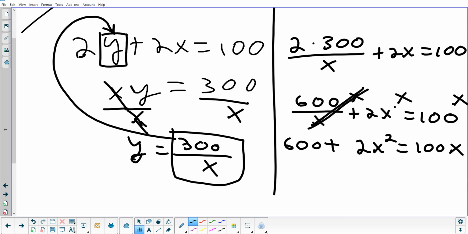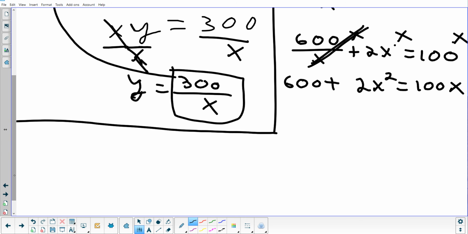Yeah? It's a quadratic. That's a quadratic. How do we generally solve a quadratic? What's the goal? I mean, the goal is to get x by itself, but what's the first step to do that? Yeah? Factor. You can factor it, but to even get it ready to be factorable, what do you have to do? Yeah? Set it equal to 0. You have to set it equal to 0. So let's get this equal to 0.